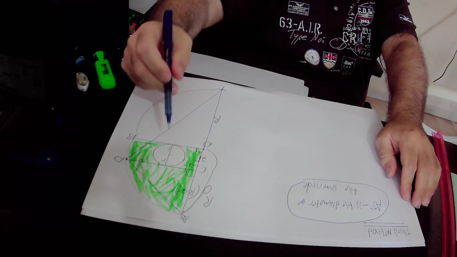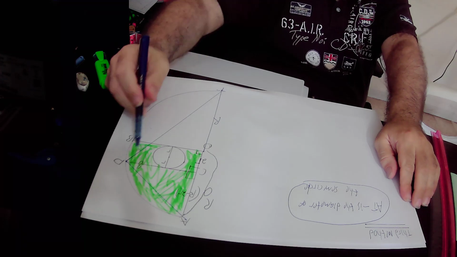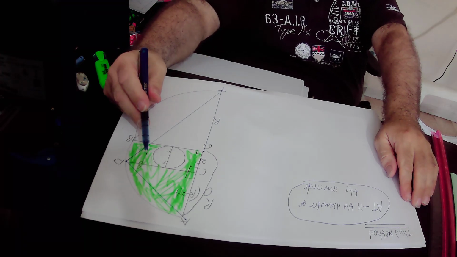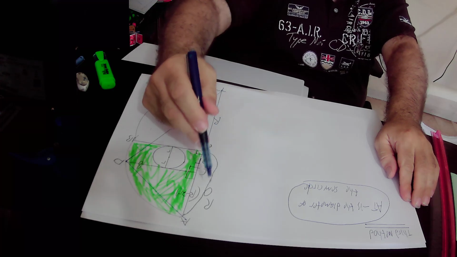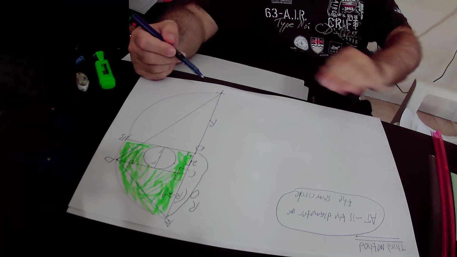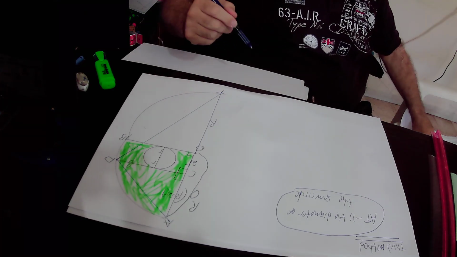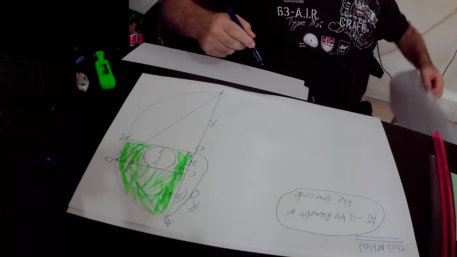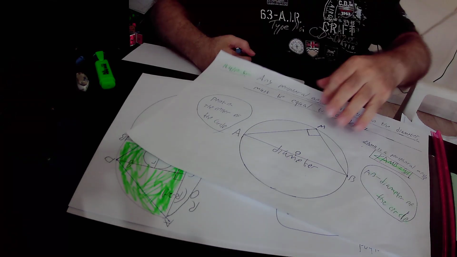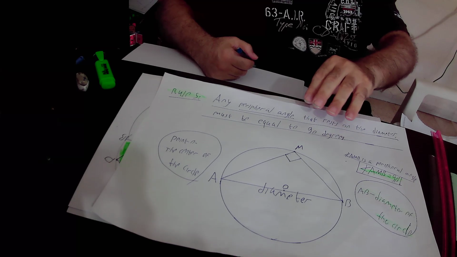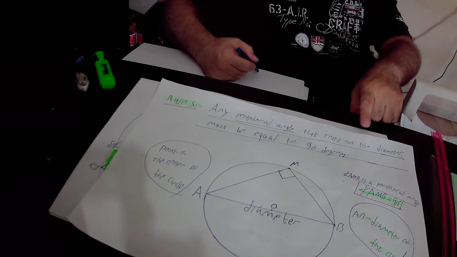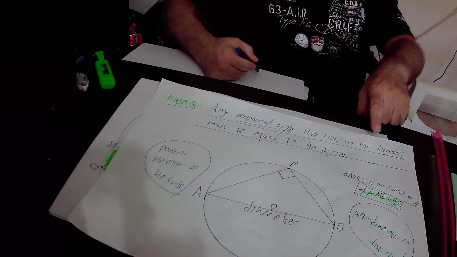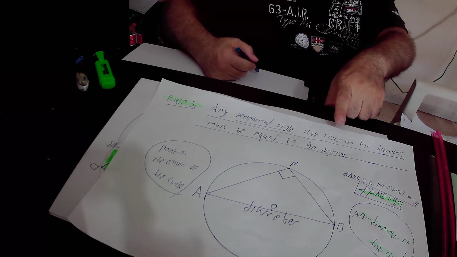And we have peripheral angle ADT. This peripheral angle ADT rests on AT, that is the diameter of the circle. And we have rule number 5 that relates to a peripheral angle that rests on the diameter of the circle. Any peripheral angle that rests on the diameter of the circle or a semicircle must be equal to 90 degrees.